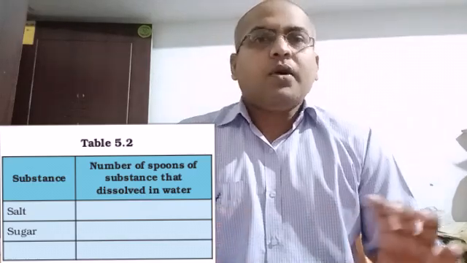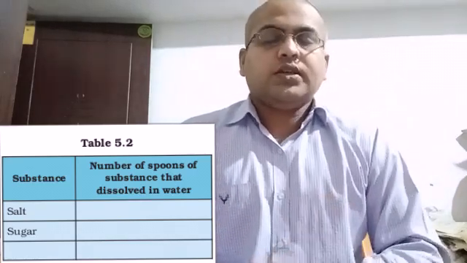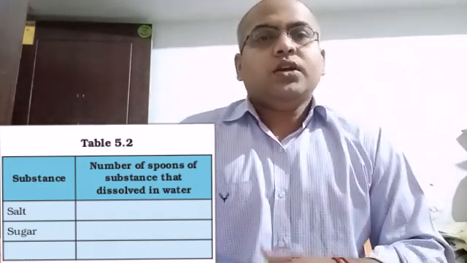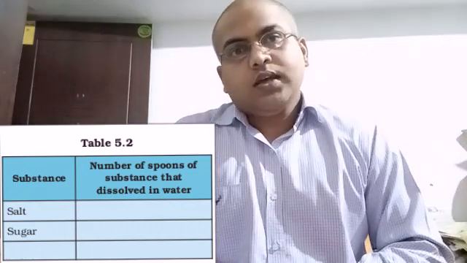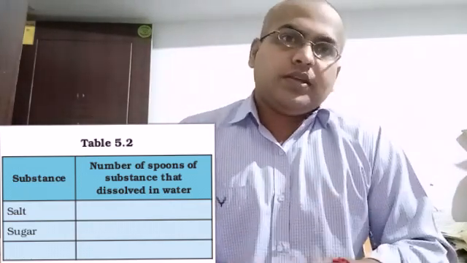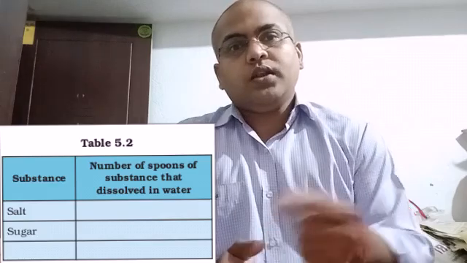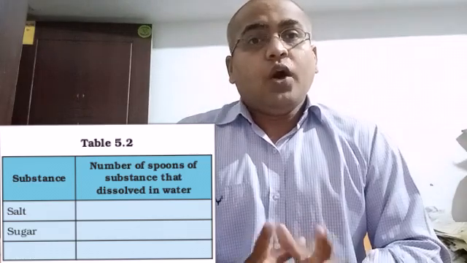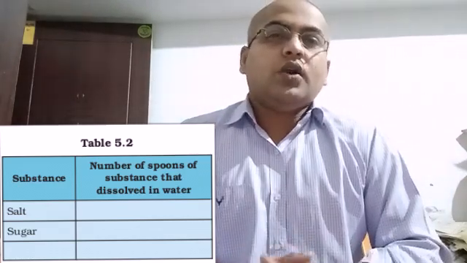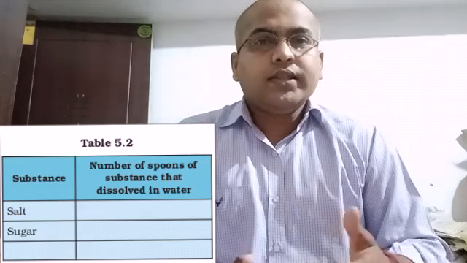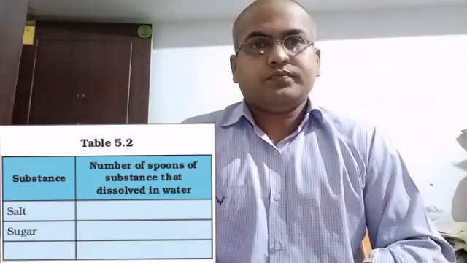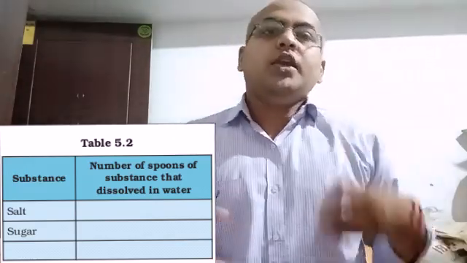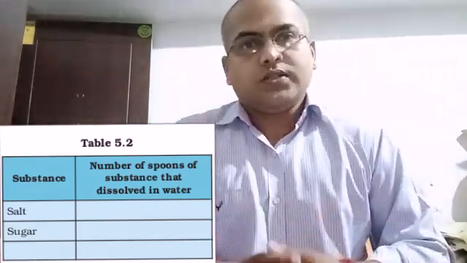Take the same amount of water in both beakers, like half a cup, and then start mixing salt in one beaker and sugar in the other beaker, measuring 1 spoon of salt and 1 spoon of sugar. With the same amount of sugar and salt, we observe that water is able to dissolve a little more salt than sugar, or you can say the amount varies between different substances if you keep on dissolving that substance in the water.